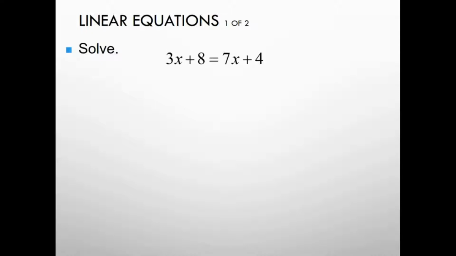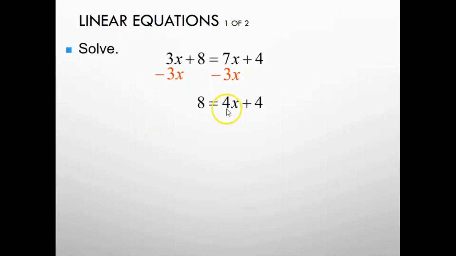Here we have a linear equation. First, in this example, we will want to get the variable together. We have a couple options, but provided we maintain equality, either one of those options will work. In this example, let's subtract 3x from each side, which does result in the variable on one side of the equation.